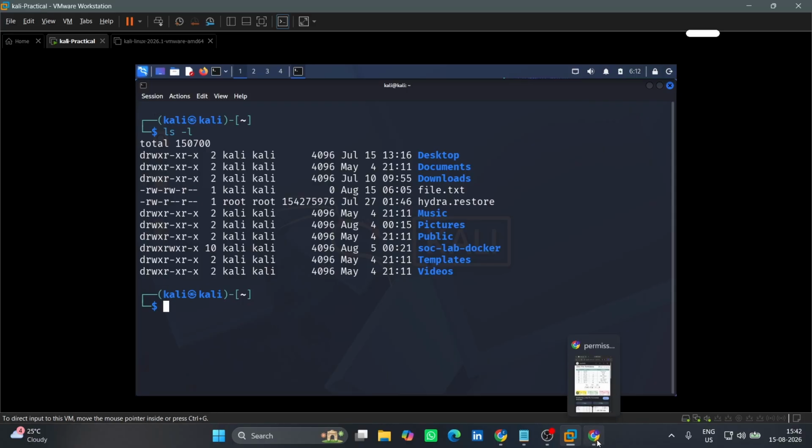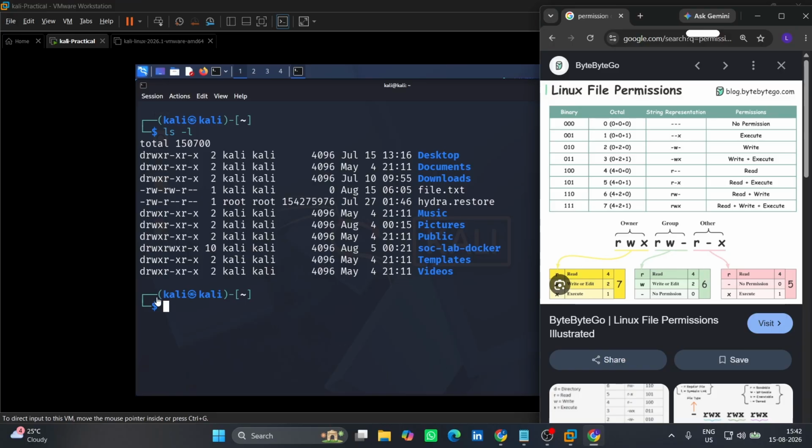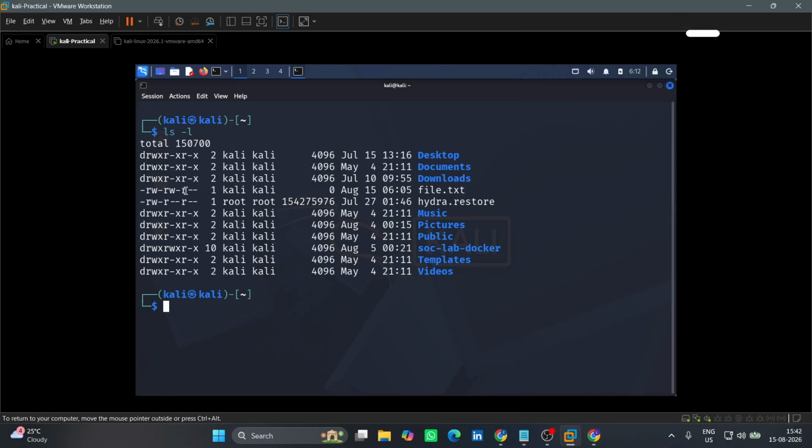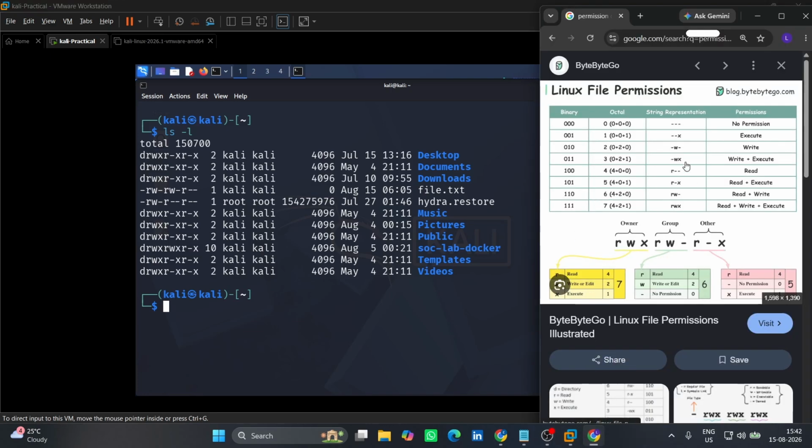So what we have to run is chmod, and here we need read and write. We don't need execute, we only need read and write. Here, write is missing, right? So what we can actually run is number 6, read and write, the permission of read and write.